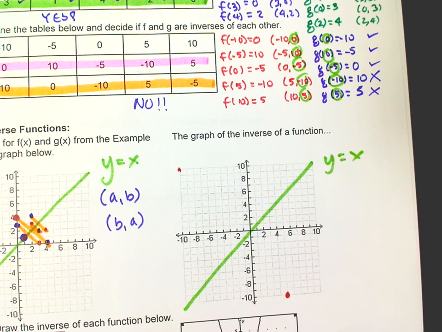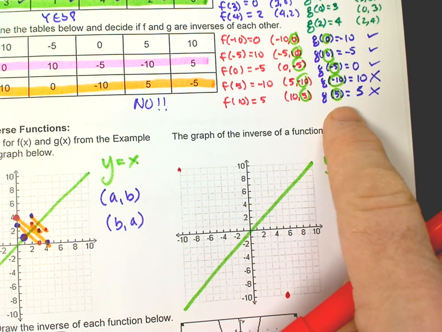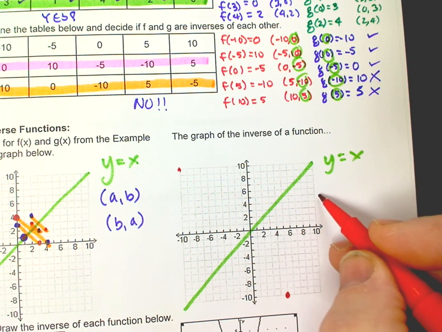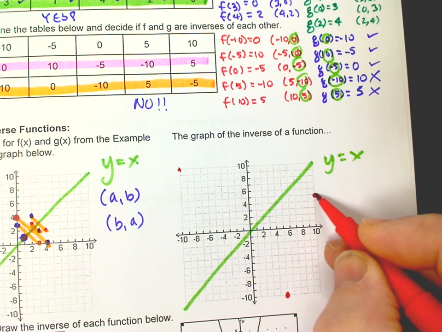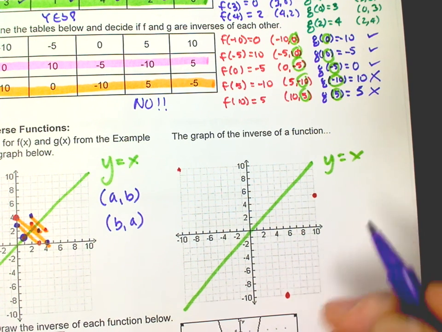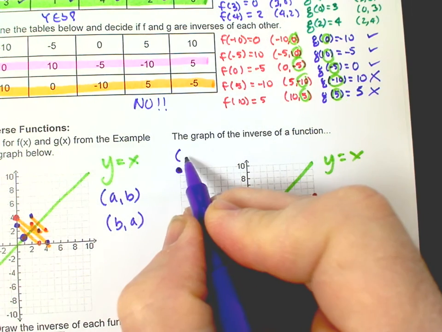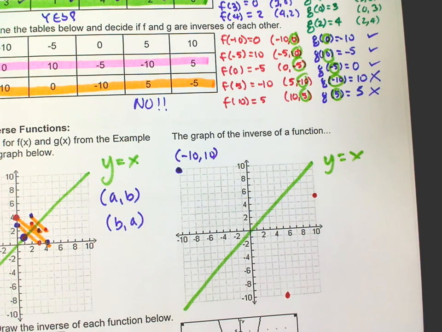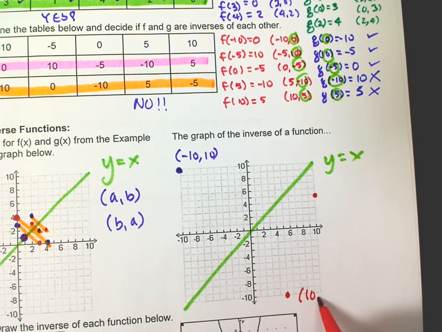Those two do not reflect across there. The same thing with this one. We had to the right 10 and up 5, and I probably should change my colors here. The red one, this was the blue one, that was negative 10, 10. That was our g of x function. This was the 10 comma 5 from the f of x function.